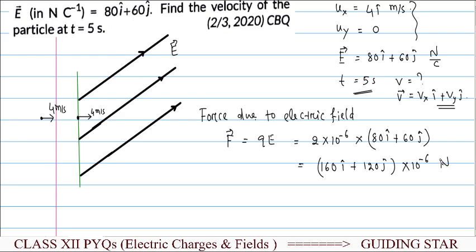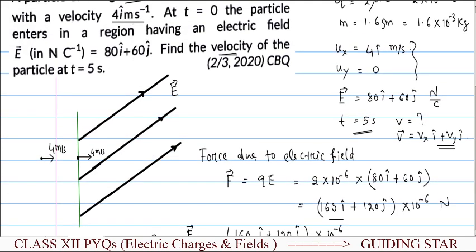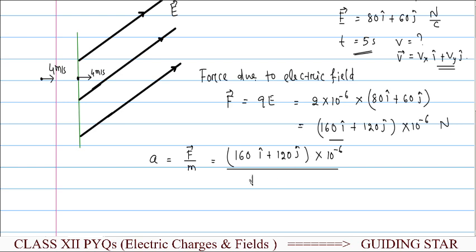Now if it is experiencing some force and it has some mass, then it will be accelerating. So what will be the acceleration of this charged particle? Acceleration A equal to F upon m. We already know the force, that is 160 i cap plus 120 j cap whole into 10 to the power minus 6, divided by the mass of the object, 1.6 gram, that means 1.6 into 10 to the power minus 3 kg.